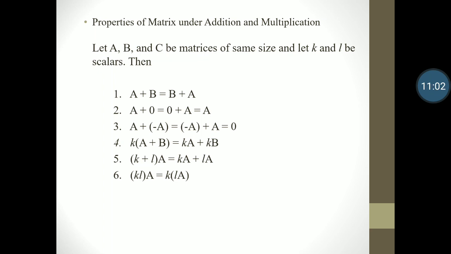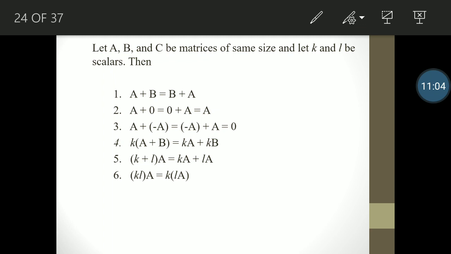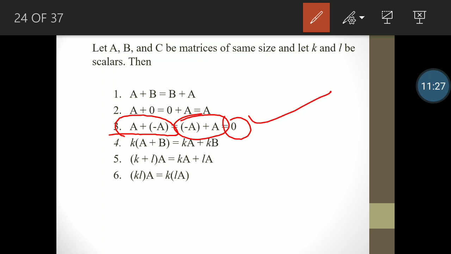A plus minus A is equal to 0. Note that A plus minus A means the addition of a positive and a negative matrix, and in the second step we have taken the addition of the negative and positive matrix, so both will give the answer 0.